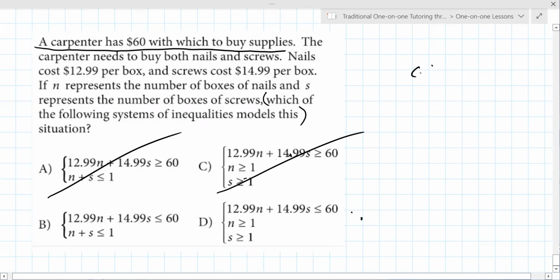Let's say you could buy car A or car B, and N is car A and S is car B. Would you ever buy two cars in your current situation? No, let alone one. Okay, but you could buy neither, right? Maybe they're too expensive or you don't like them. So N plus S less than or equal to one. What this means is you would generally only buy one or the other.